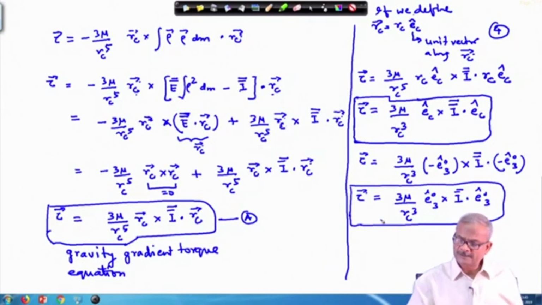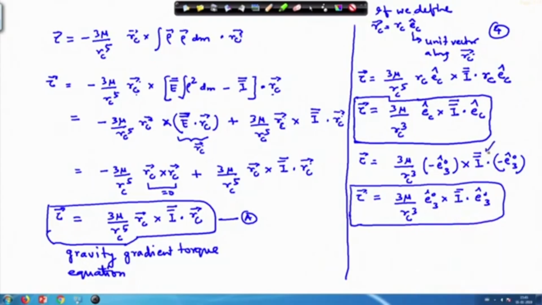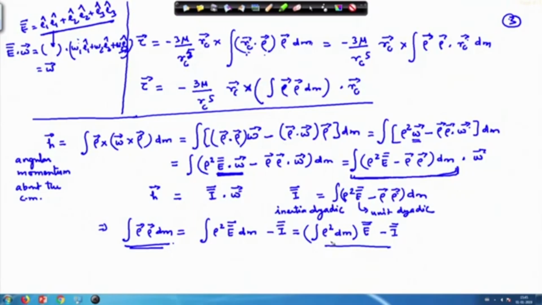So, you will question what to do for this. This I double bar, if you go and look into the previous page, is written in terms of rho.